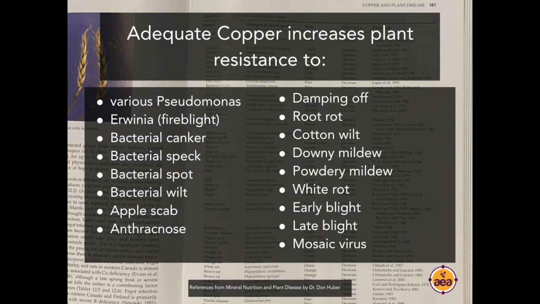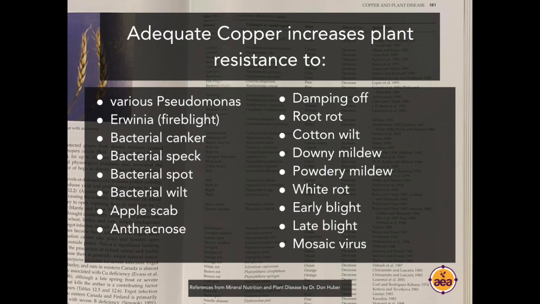But in this case, applications of copper as a bactericide on the outside of the leaf or on the outside of the plant. And the management strategy that we should consider, instead of having copper on the outside of the leaf, is actually to get copper into the leaf by using copper nutrition products.